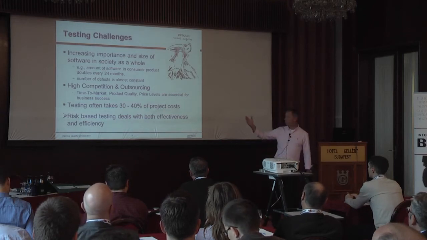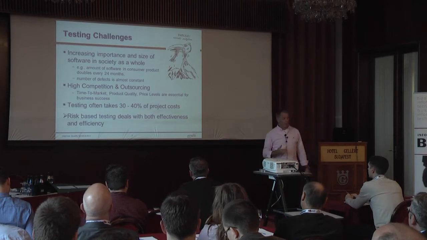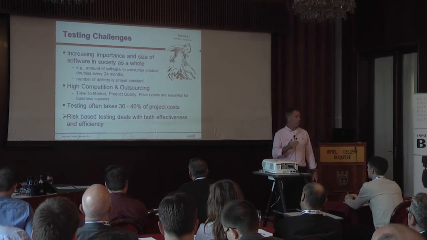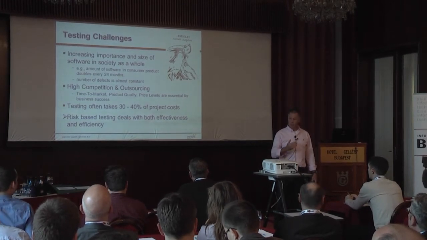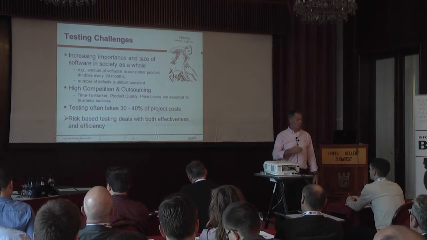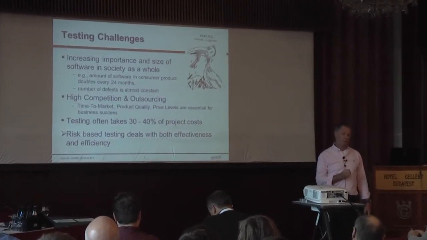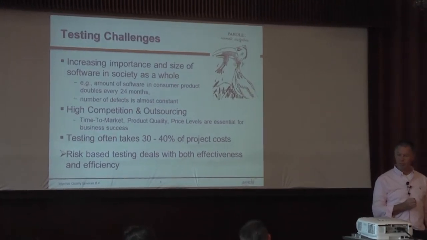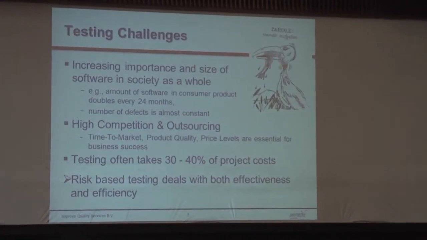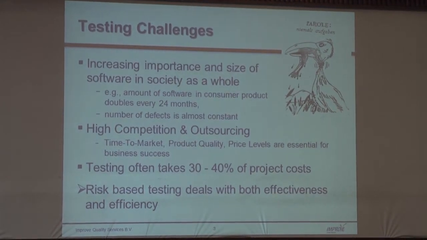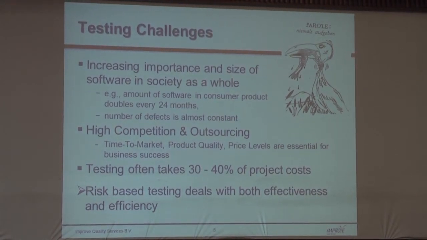I just read a survey from Philips that the amount of software, the lines of code, in consumer products, DVD players, TV sets, whatever you can think of, is currently doubling every 2 years. On the other hand, you can say, well, if software development gets twice as good every 2 years, who cares?